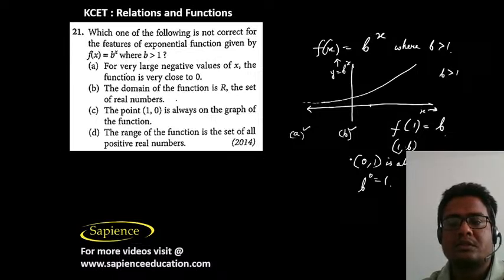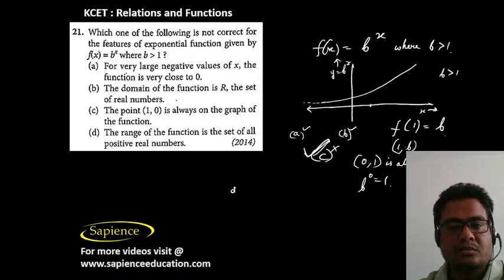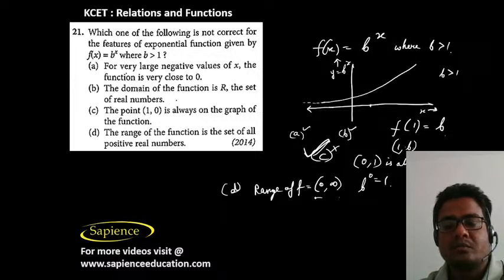Option C is wrong, so we should choose option C as the answer. And option D we can also check. The range of the function is the set of all positive real numbers. Okay, D is correct. So only C is the wrong answer. So C should be the correct option.